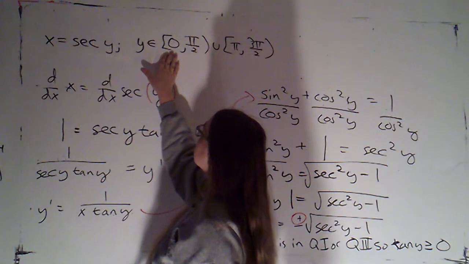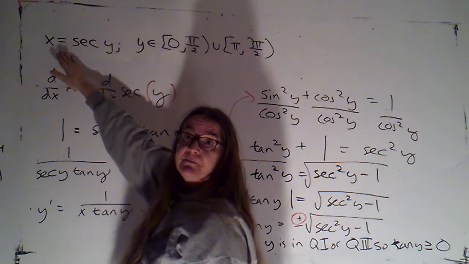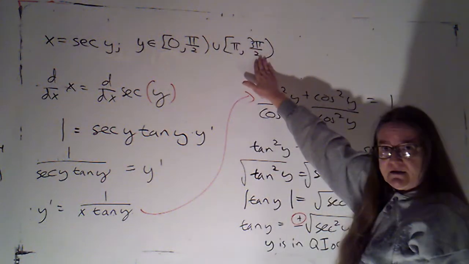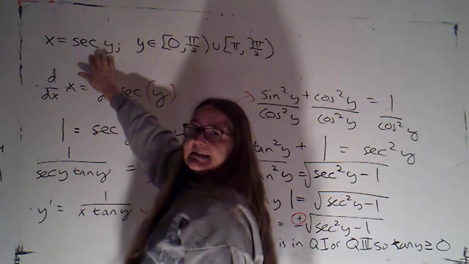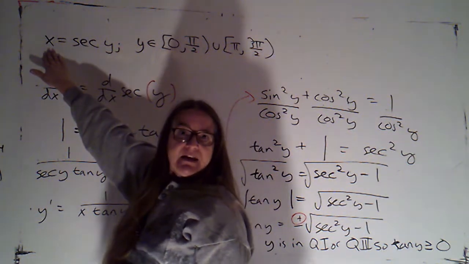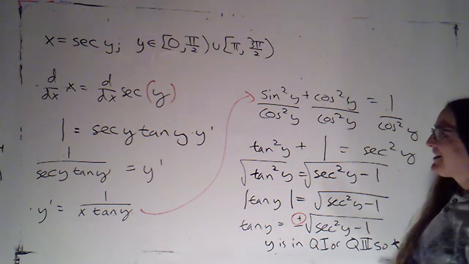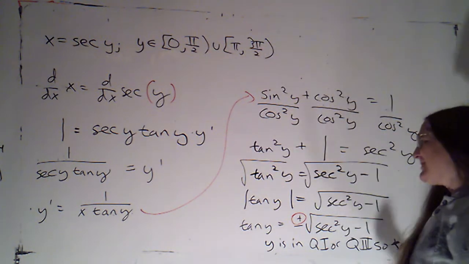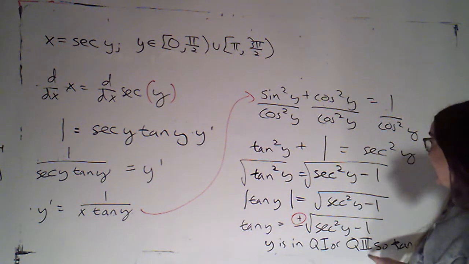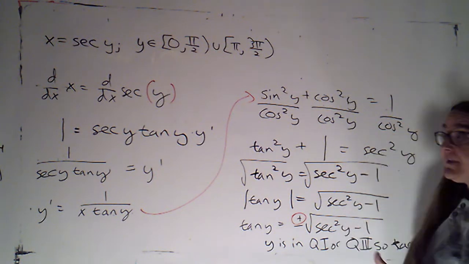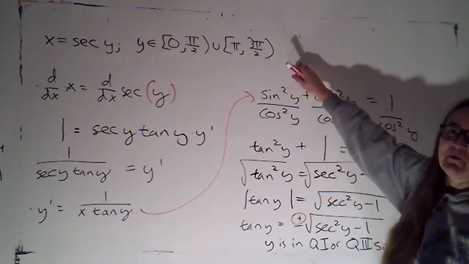Because if y is in quadrant 1 and x is secant y, x is positive. If y is in this interval, that would mean its secant is negative, x would be negative. So we'd have a positive sign in our formula when x was positive, we'd have a negative sign in our formula when x is negative. Okay. Here, it's nice. I get the same thing either way. And that's why I think this definition is the better one.